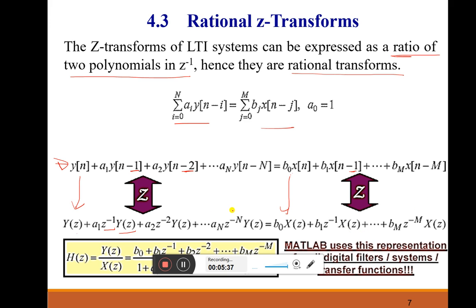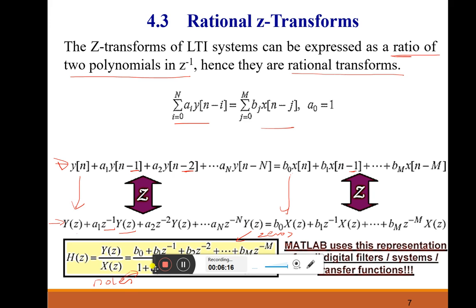Now, when we rearrange persamaan yang baru ni, so we have H(z) equals to Y(z) over X(z). Then you have the polynomial b di atas, then you have polynomial a di bawah. So this one the b's are referred to as zeros, okay, and the a's are called poles, right?